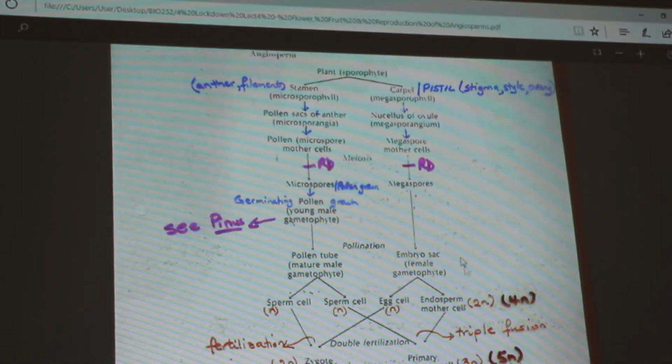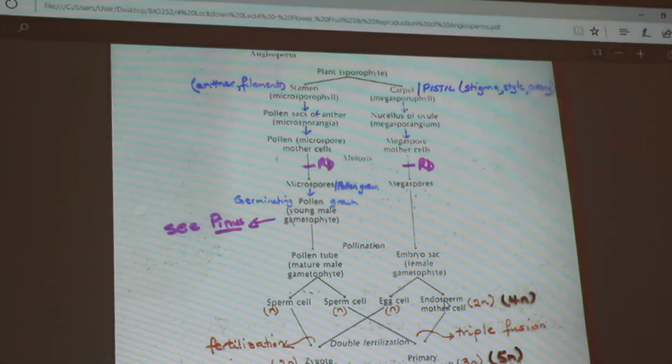The female that developed is what we call the embryo sac. The embryo sac has the endosperm nucleus, which is either the 2N, which we saw earlier, or the 4N, which we saw later.